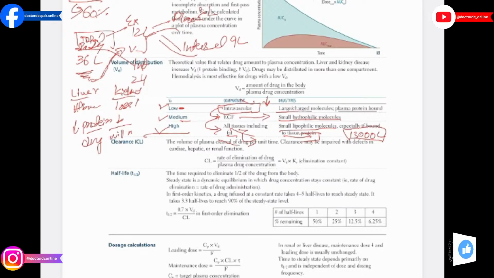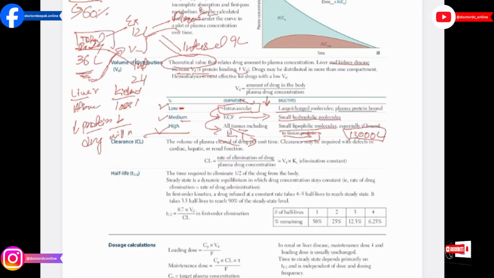To summarize, the volume of distribution is a theoretical value that estimates how much a drug is distributed to the compartments of the body. In liver and kidney disease, the volume of distribution increases because of less protein production and less protein binding with the drugs.